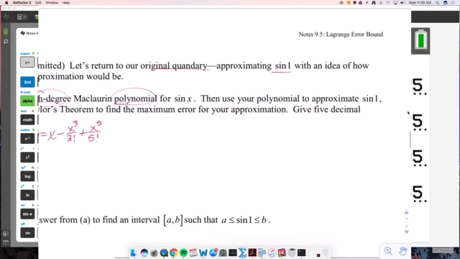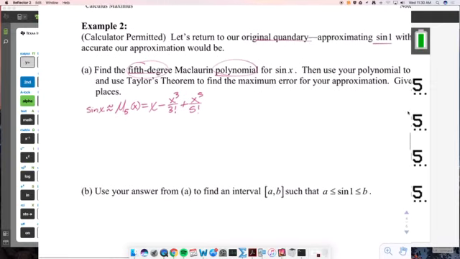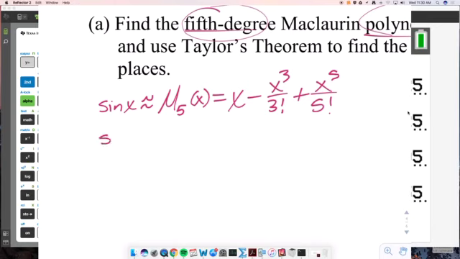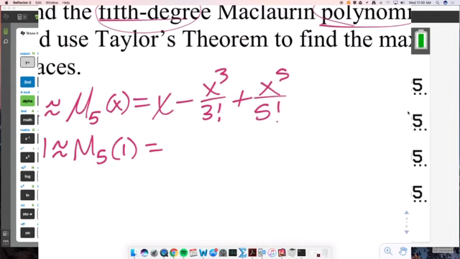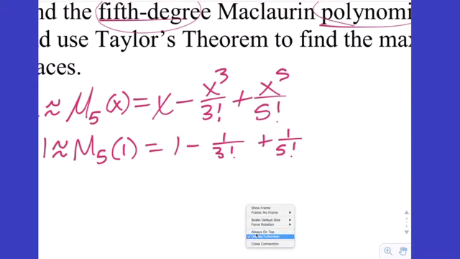Now it says to use it to approximate sine of 1. All right, so here we go. Sine of 1 is then approximated by m sub 5 of 1, which is equal to 1 minus 1 over 3 factorial plus 1 over 5 factorial. So I know that's an exact answer, but I'll go to the calculator now and type that in.